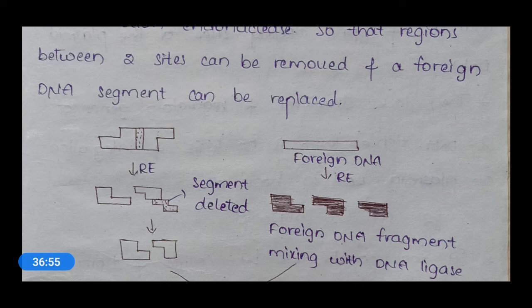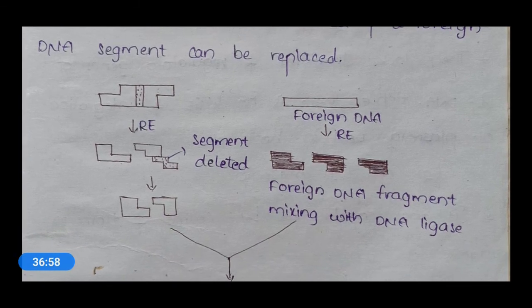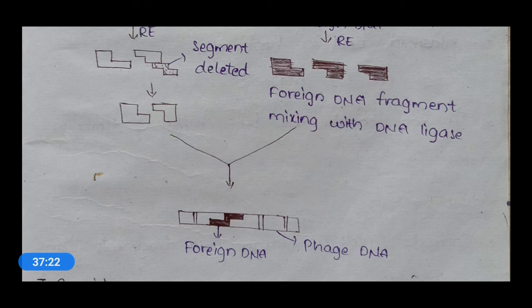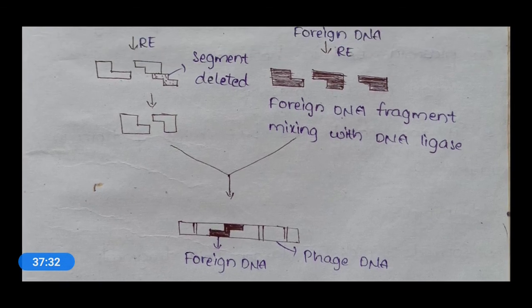Then we'll get two phage DNA fragments. Then we'll take a foreign DNA, treat it with restriction endonucleases, and we'll get a desired gene. Then we'll place that foreign DNA in between the phage DNA molecules. So this is how this replacement vector is constructed.